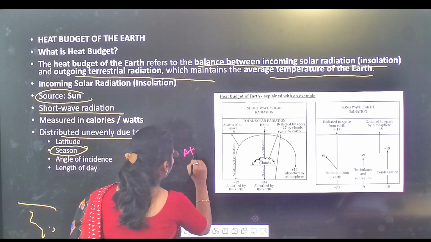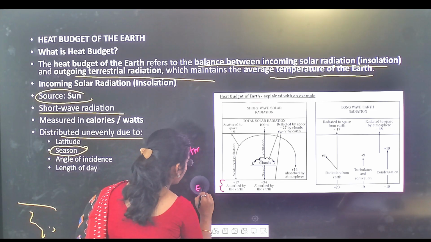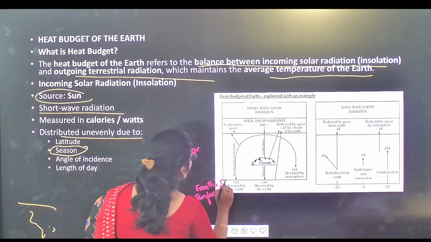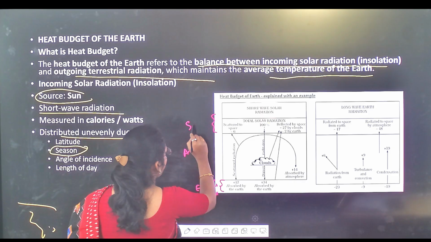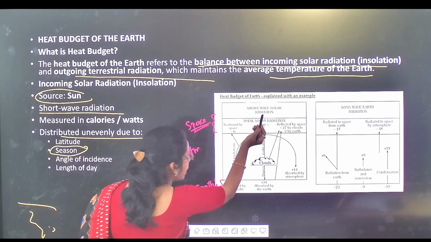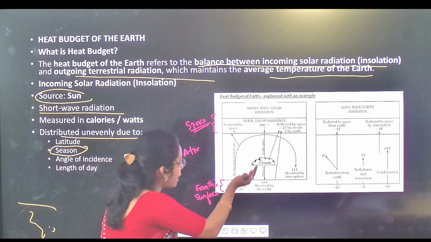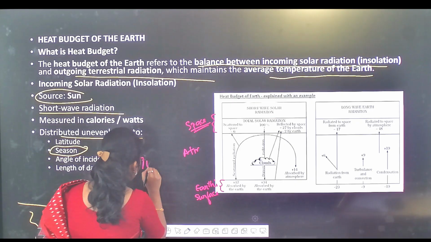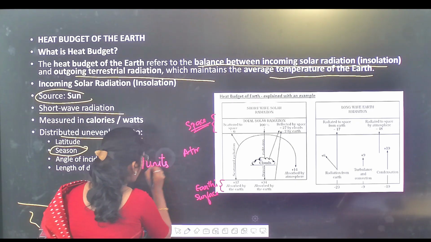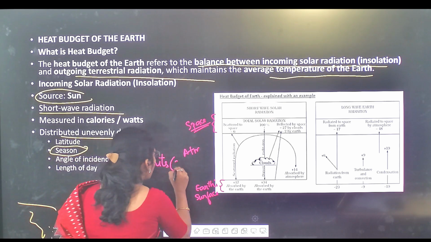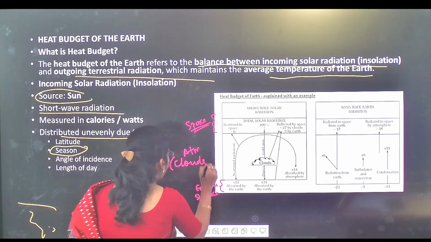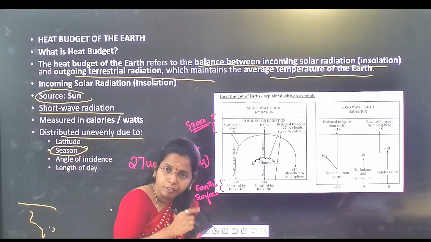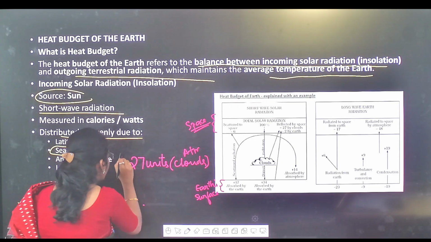This is atmosphere, this is Earth's surface, and here space. Listen carefully. Now 100 units enter from space into the atmosphere. 27 units are reflected back by clouds. These 27 units did not reach the surface.